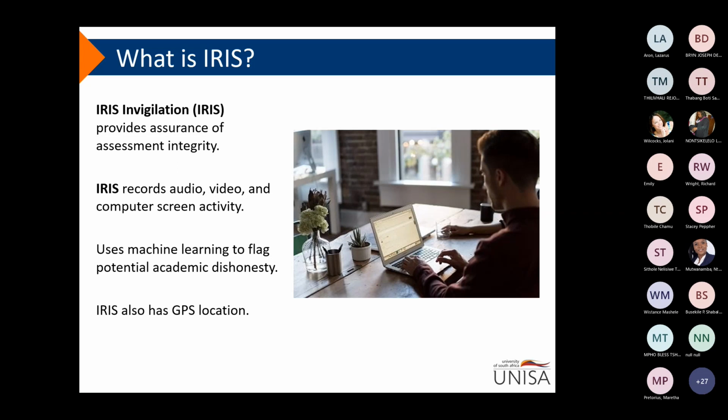IRIS may flag you for looking at different applications or software on your screen, or for going onto different tabs when you're writing your examination. It might flag you for excessive movement, but we look at those flaggings, and it's quite easy to determine by looking at it whether the student is actually copying or not.